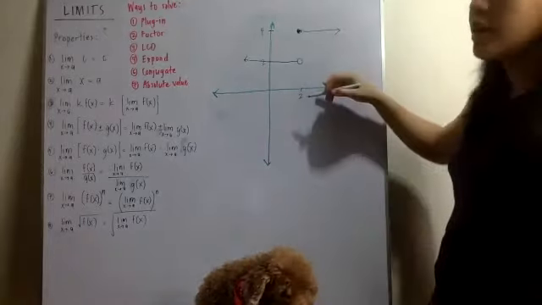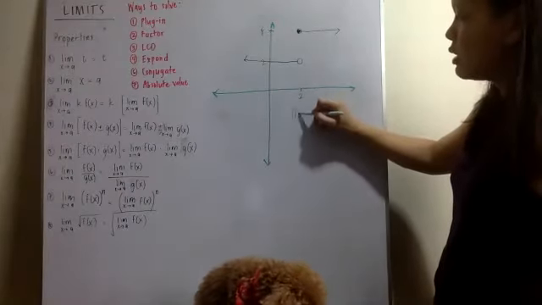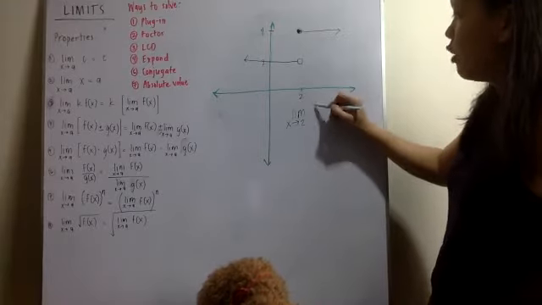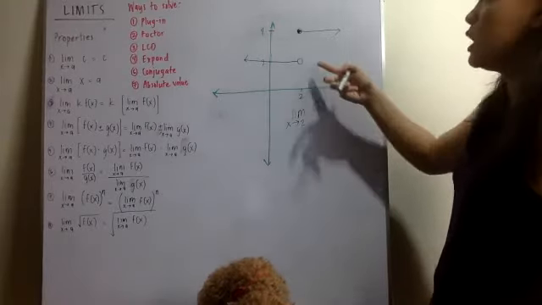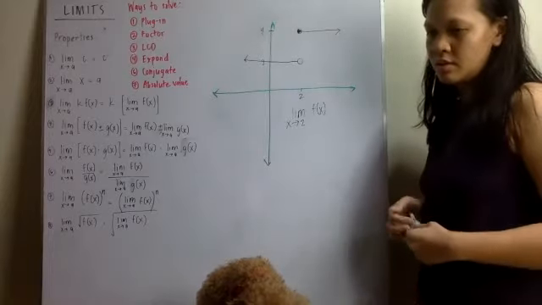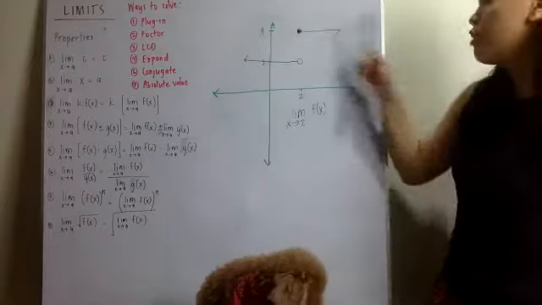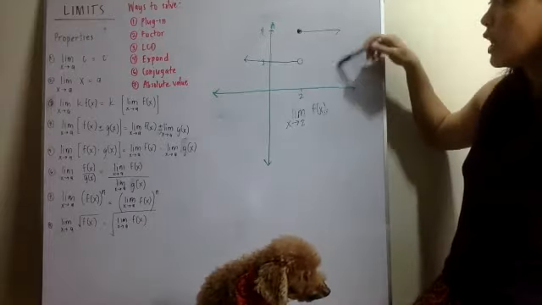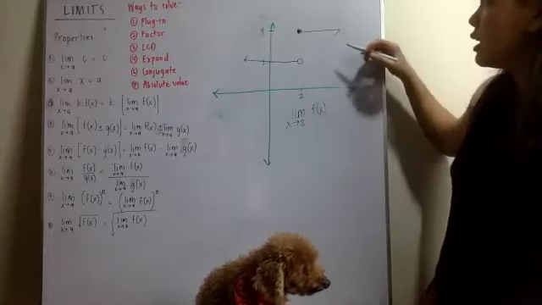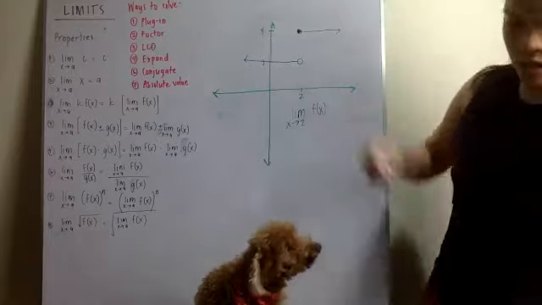Okay, what if naman meron tayong ganitong graph and then ang hinahanap natin is limit as x approaches 2 of f of x. Okay? So kung ano man yung, anong tawag dito? Piecewise sa mga functions natin, step function natin. Okay? So kapag meron tayong ganito, ang ating limit as x approaches 2, okay? Ito yung 2 natin.